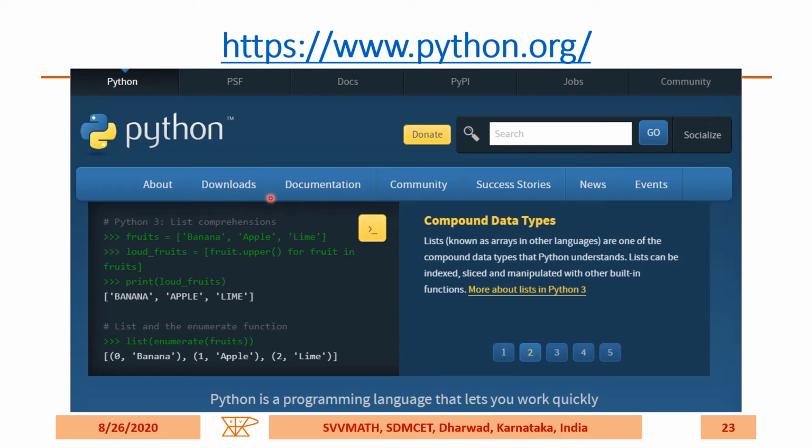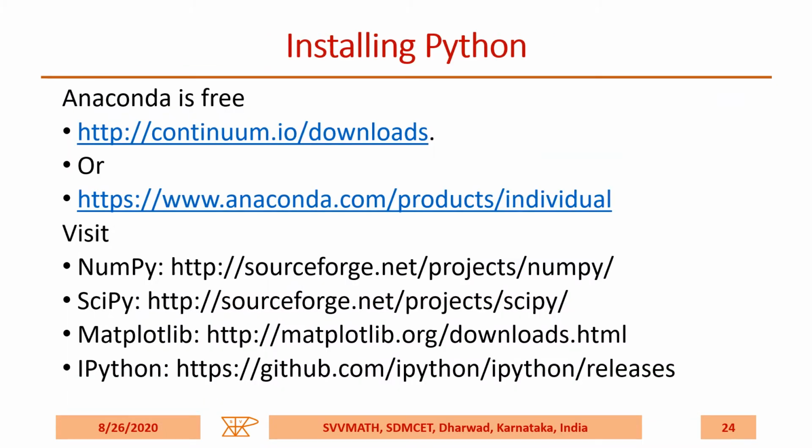You can download it. And for Anaconda you can use this link. And for NumPy, Matplotlib, SciPy, IPython, you can use these links. And you can install them on your computers.